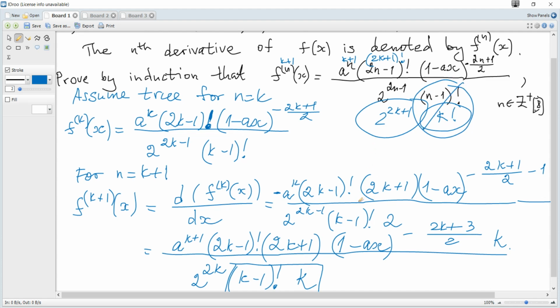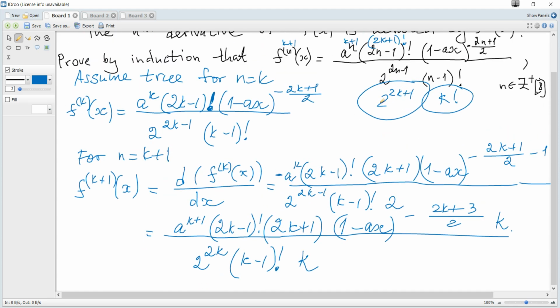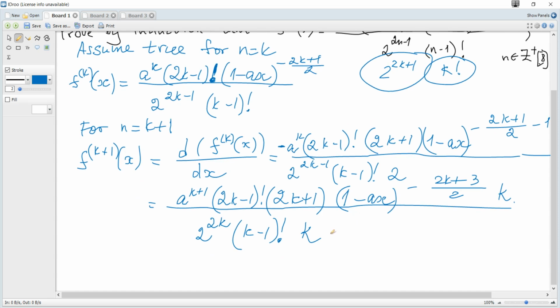And we need 2 to the power 2k plus 1. To get plus 1, we need what? Additionally 2. So let's multiply the numerator and denominator by 2.